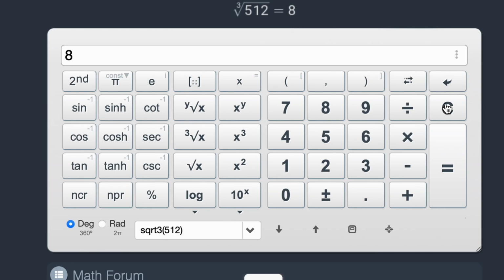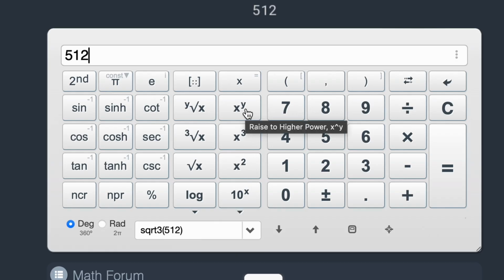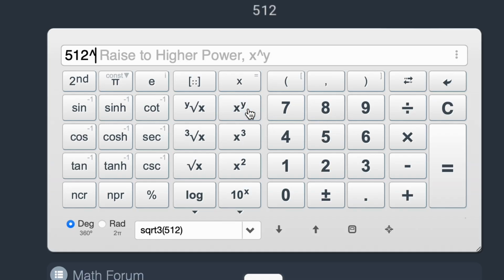Another way to do a cube root is we could say 512, and raise it using the caret to the 1 divided by 3.